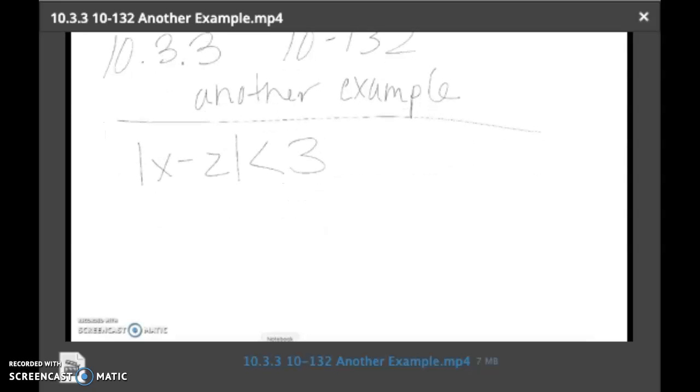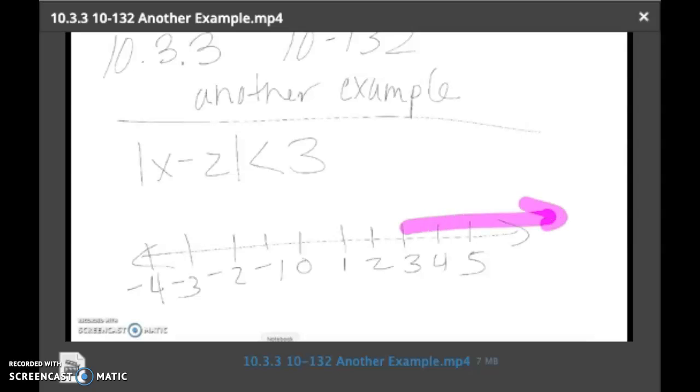All right, so in this case, I just set up my number line here. So if you remember when we did the last one, we were looking for numbers that were more than 3 units away from 0 in either direction, okay?